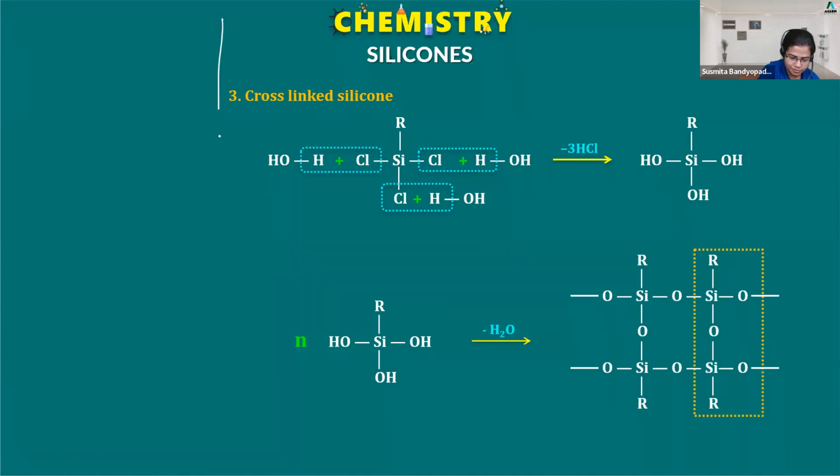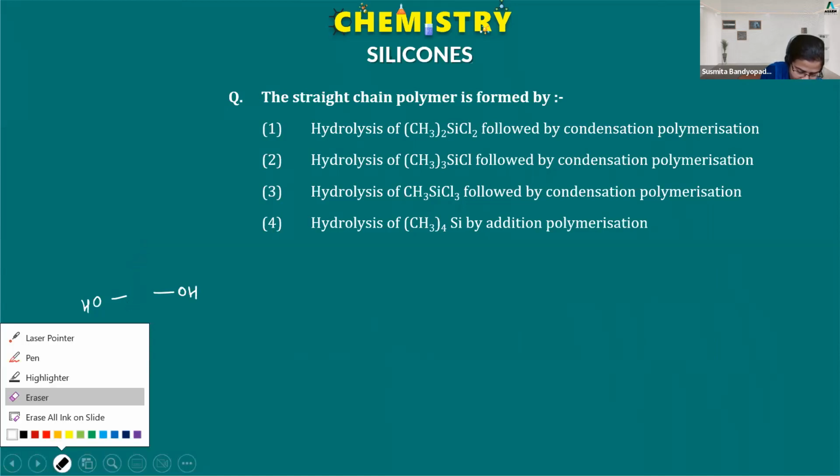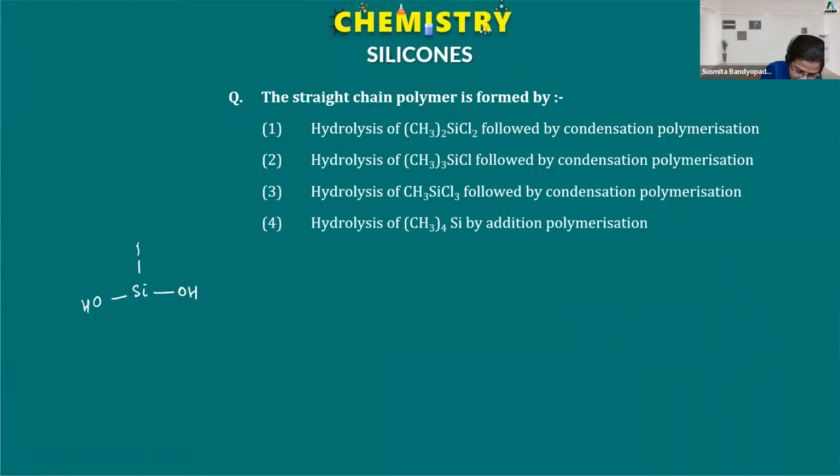I'll show you here. Do we have a blank slide or something like this? Okay, here I can show you R, OH, OH, OH. One unit of RSi(OH)3, one more here.